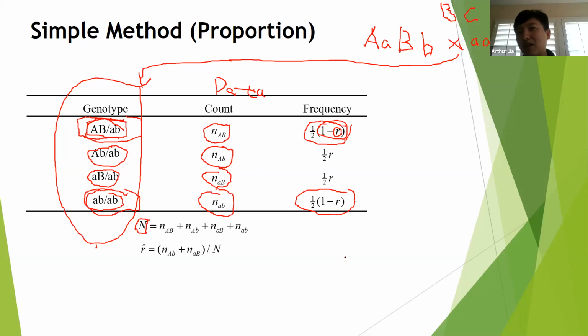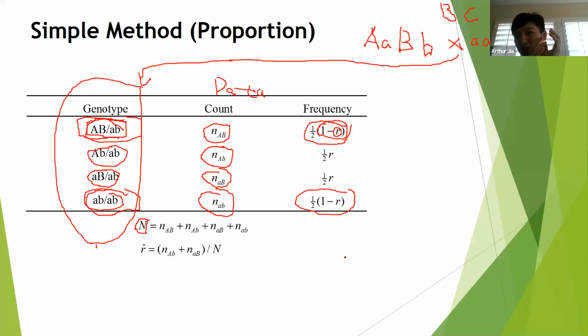The entire chance is 1, right? So if you look at all the progeny, that's 1. But out of this progeny, what's the fraction of the progeny carrying the parental type? 1 minus R, right? So look at here. This is the total progeny from this experiment. So you can divide this many progeny into two groups.